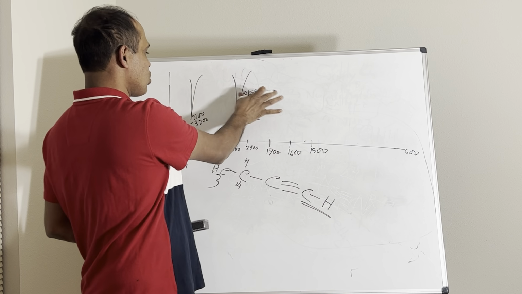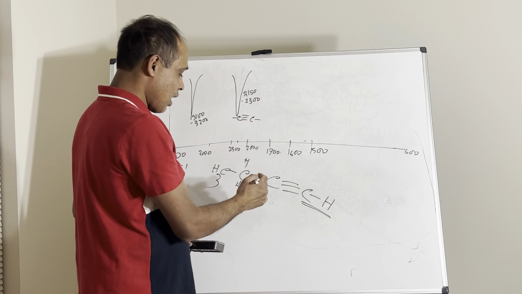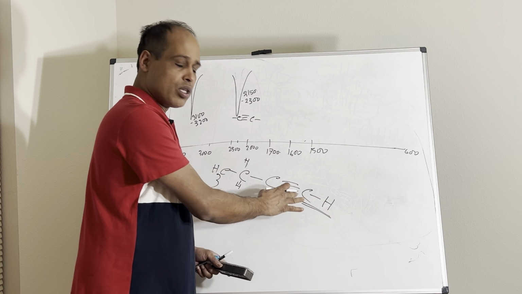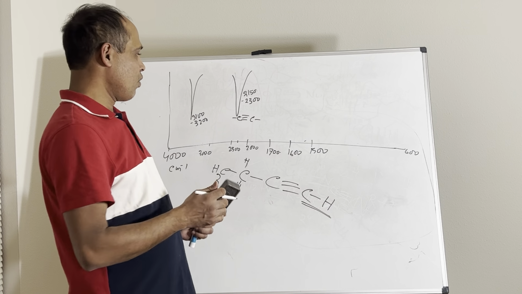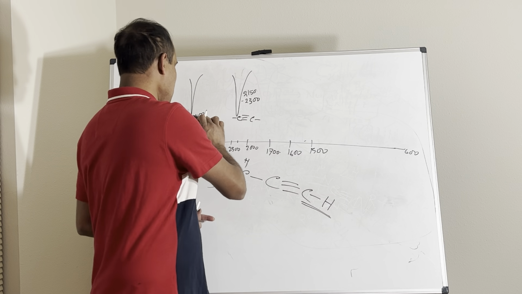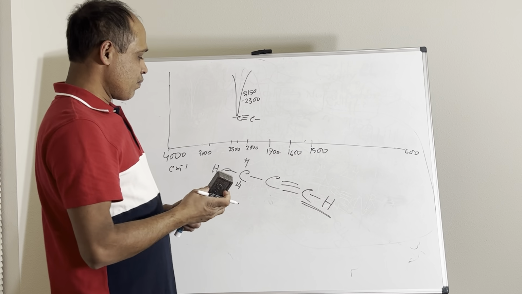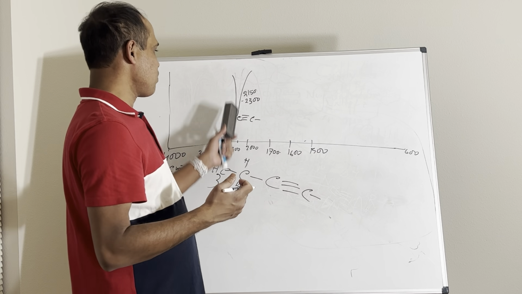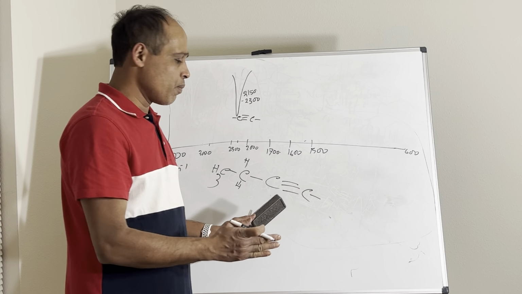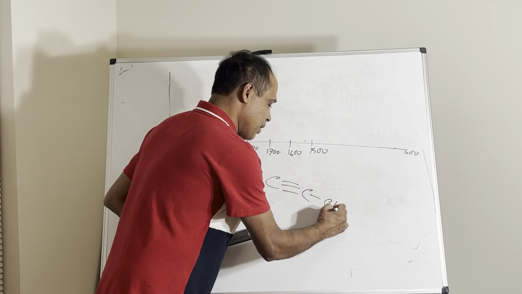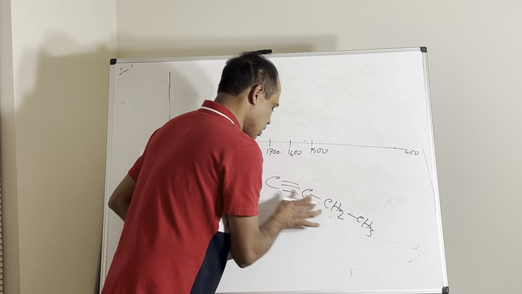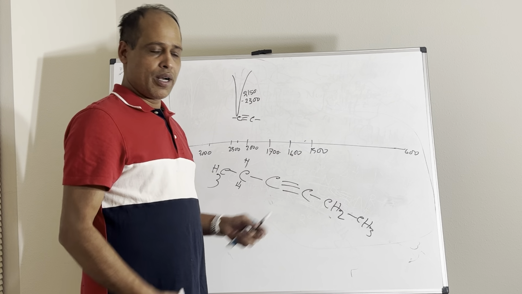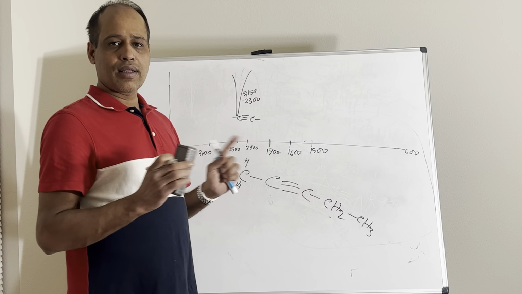If you see these together, this one and this one, then you can say your alkyne is a terminal alkyne, where one carbon of the triple bond has the hydrogen at the end. But if you don't see any peak here but only this one, then you can say, okay, I have the alkyne, it's fine with the soda number 2 and also this peak, there is no nitrogen, so it is definitely a triple bond, but it could be an internal alkyne, where the triple bond is in the middle of the structure, so that could be like this. I hope you understand the triple-bonded things like alkyne and nitrile.